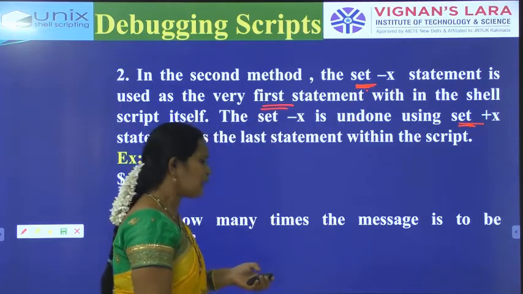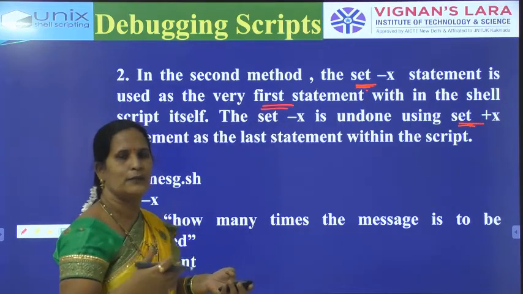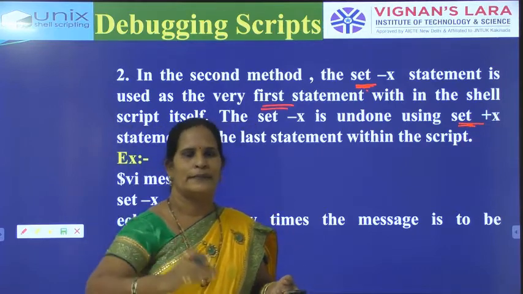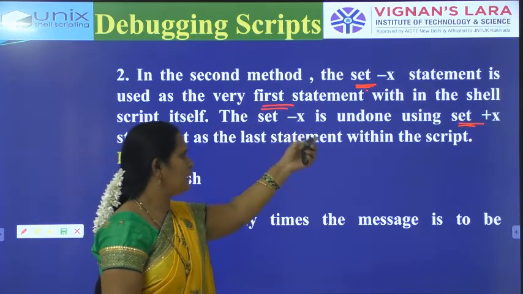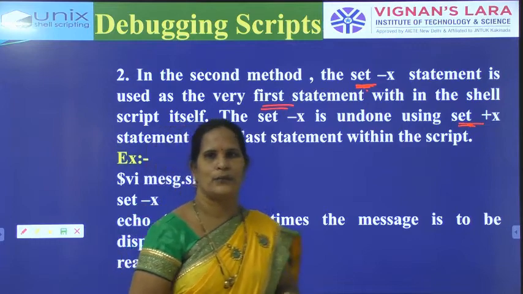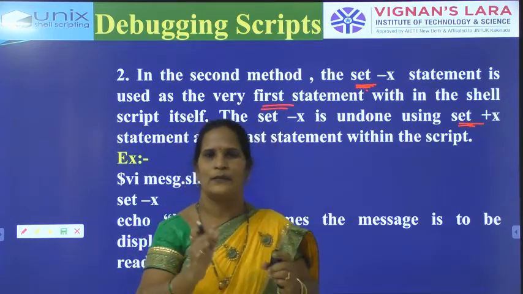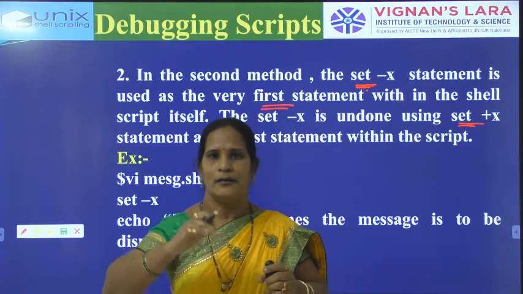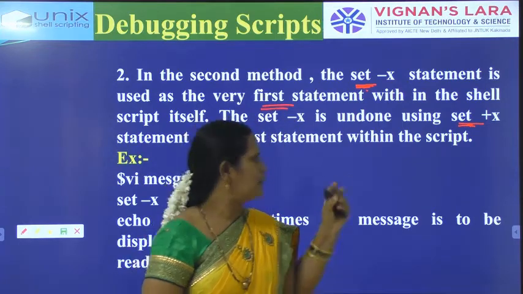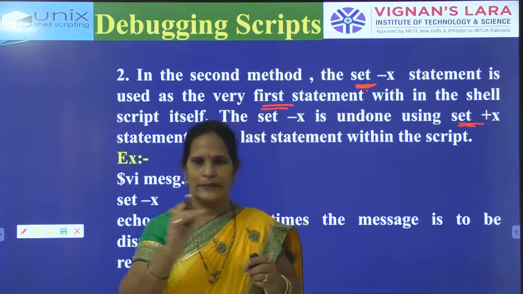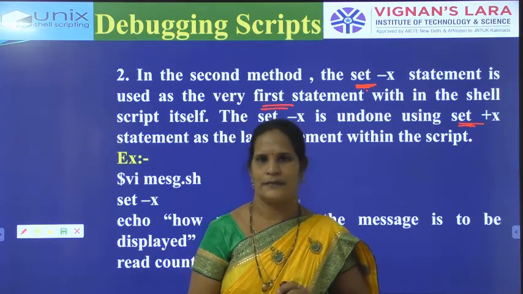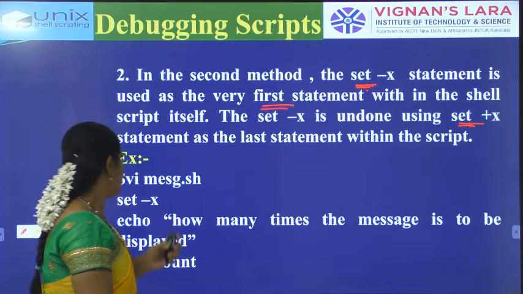So these two should be specified within the shell script: set space -x in the first line and set space +x in the last line. This is the second method.